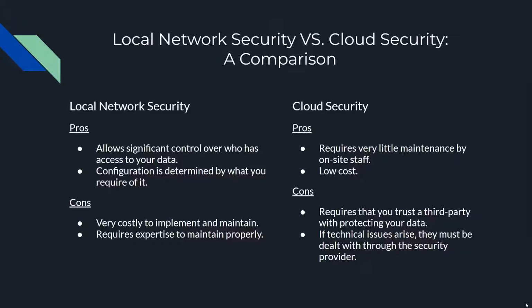Whereas cloud security requires very little maintenance by on-site staff and is very low cost. But the cons of having cloud security in this case means that you do have to trust a third party with protecting that particular set of data. Although companies that fall into this category are generally scrutinized pretty well.